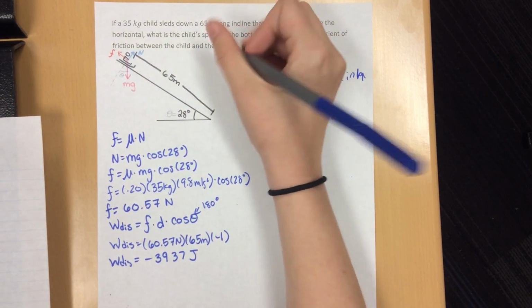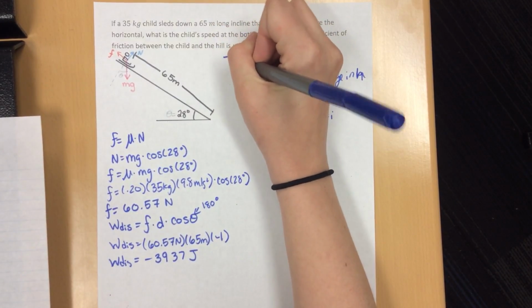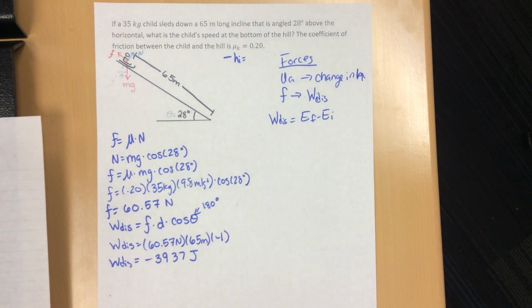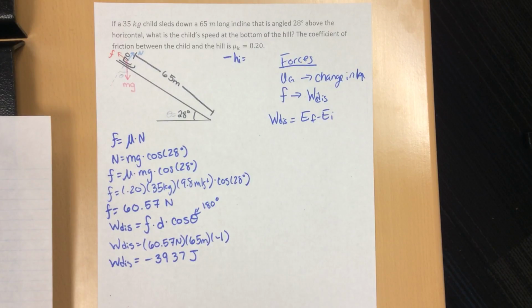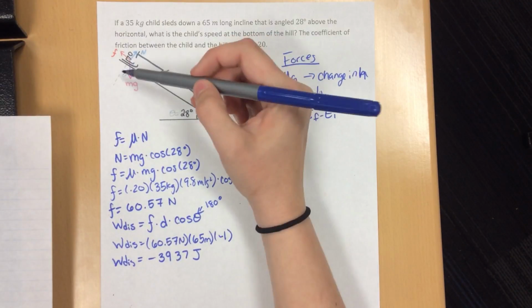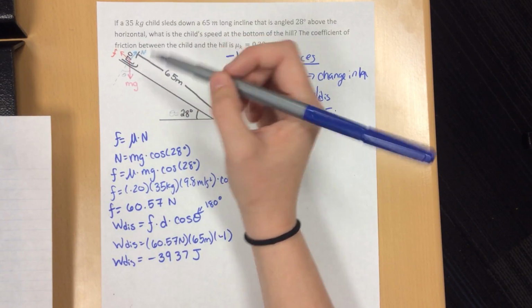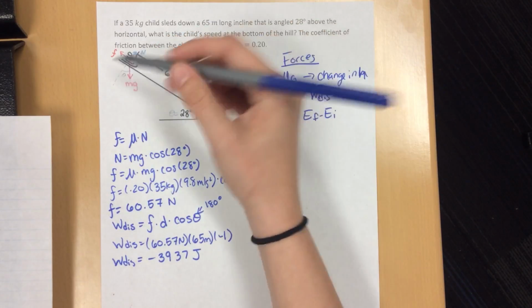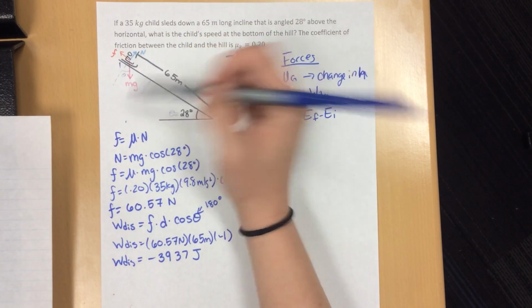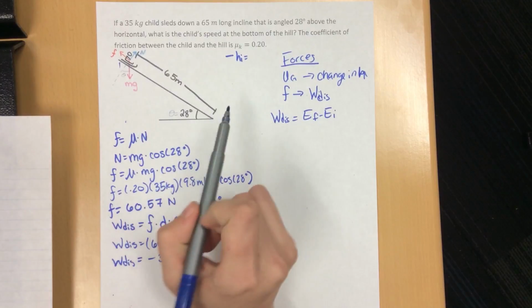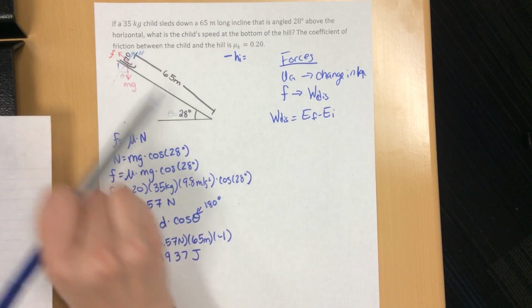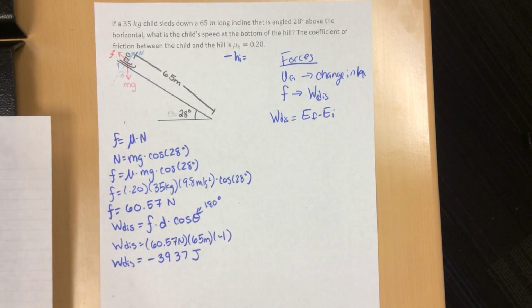We're going to go ahead and set that our initial height is some particular non-zero value. Well, we need to find out what that is, because we are looking at the fact that we see this change in height right here. We know the length of our incline.